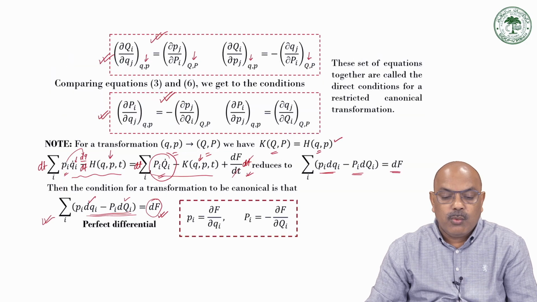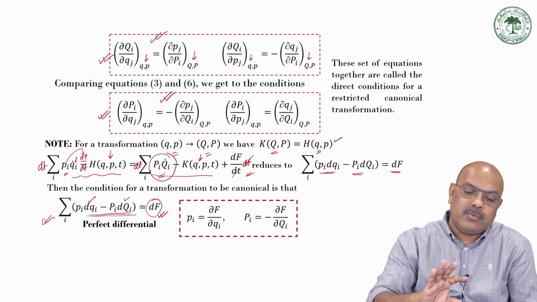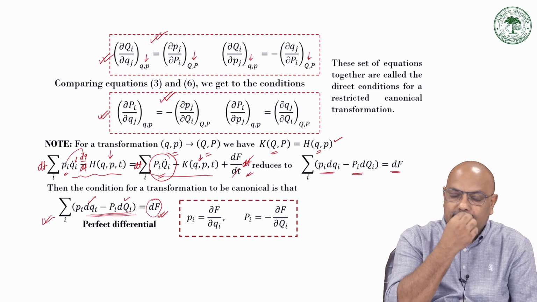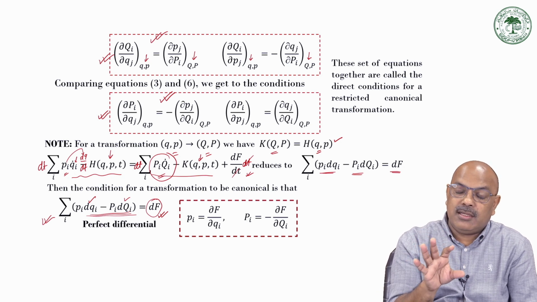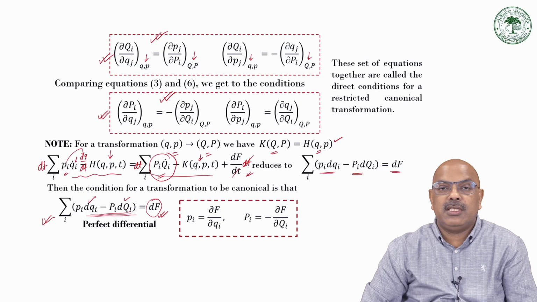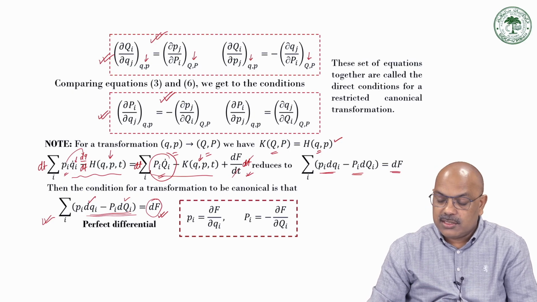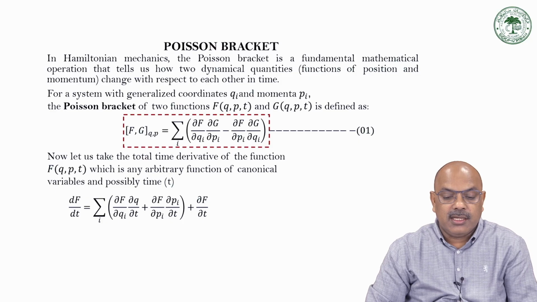Now, with this concept of the canonical transformation, that I have four generating functions, and how to find whether the given transformation is canonical, another important concept is the Poisson bracket in classical physics.